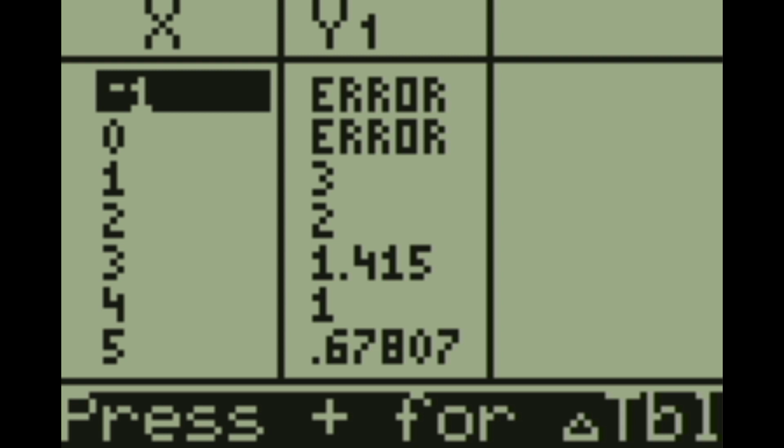So negative log base 2 of x, close parentheses, plus 3. Press second graph, and we're looking for the first error, which tells us our vertical asymptote is at x equals 0. We have points at 1, 3, 2, 2, and 4, 1.